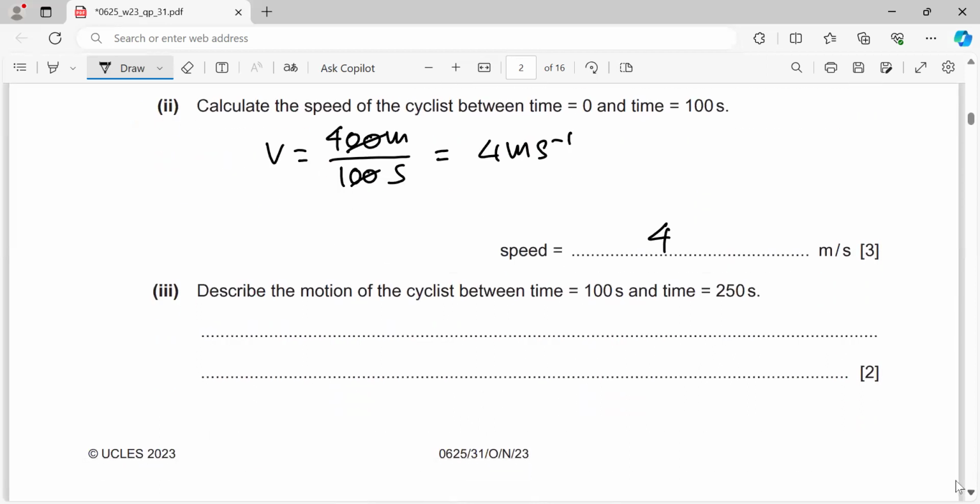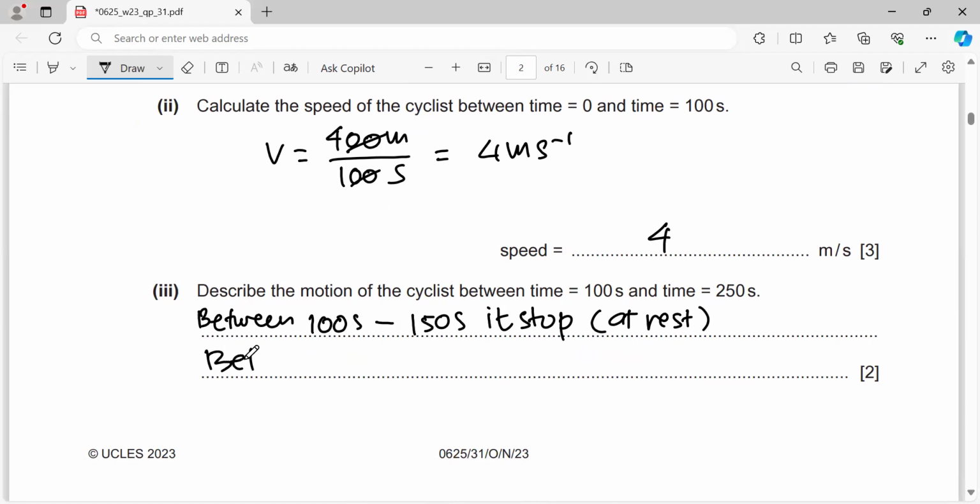So I'm going to write down here: between 100 seconds to 150, it's stopped or at rest, and between 150 seconds to 250 seconds, it has steady speed.